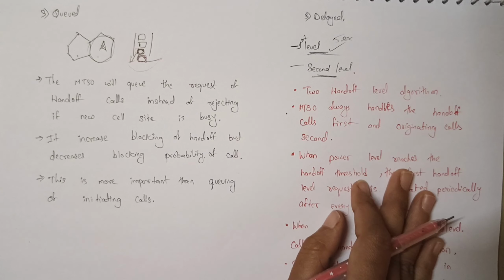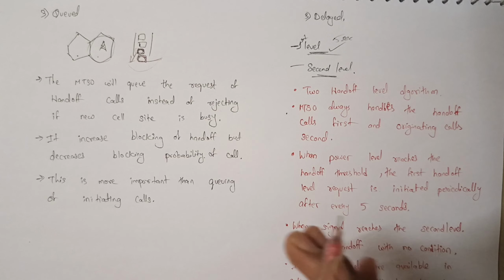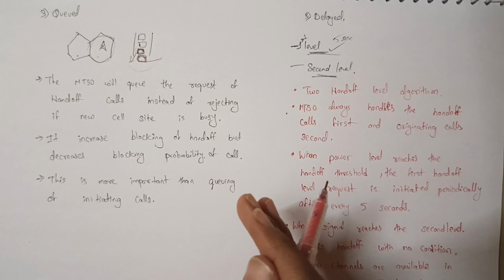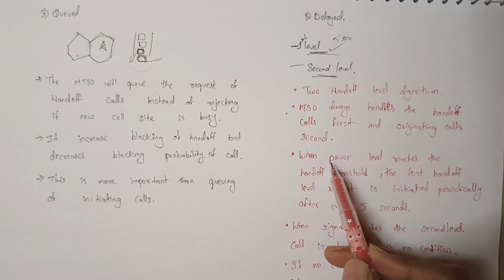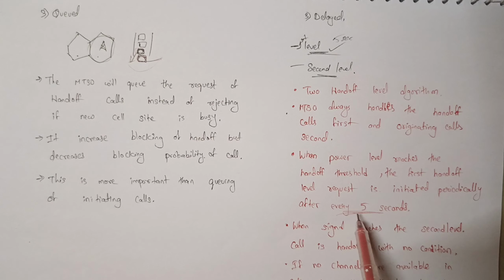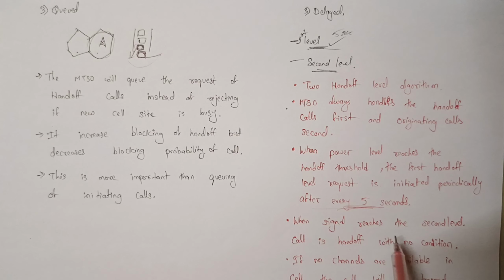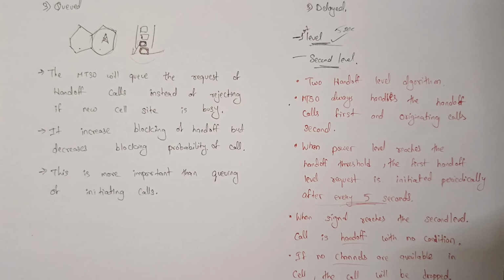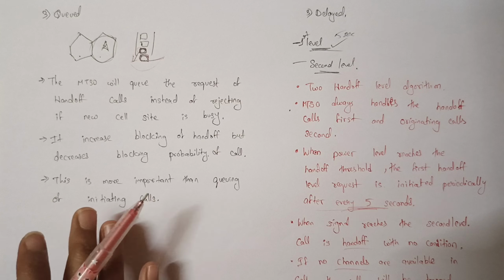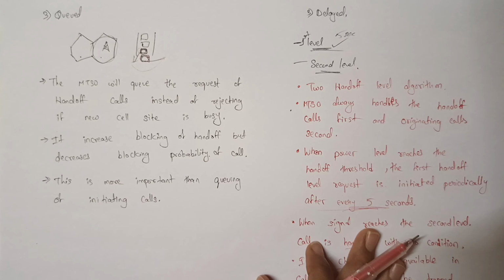And in the delayed handoff, the MTSO searches for a new channel periodically, after every 5 seconds, when you are in the first level, and when you enter the second level, without putting any conditions, it will go for handoff, and if channels are not available, then the call will be dropped or terminated. So this is queued handoff and this is delayed handoff.